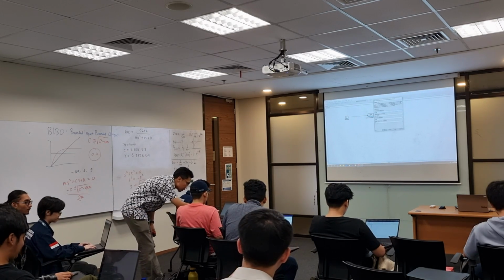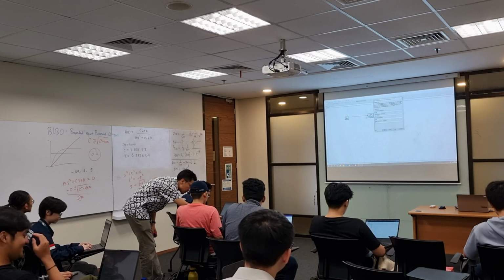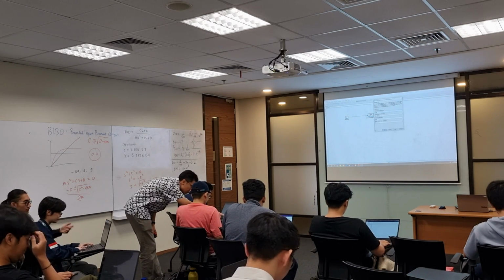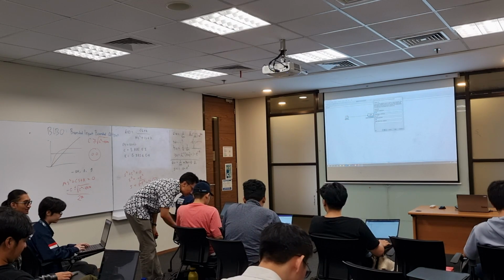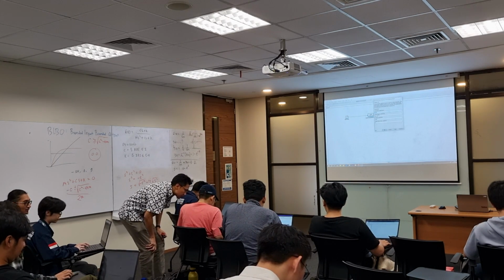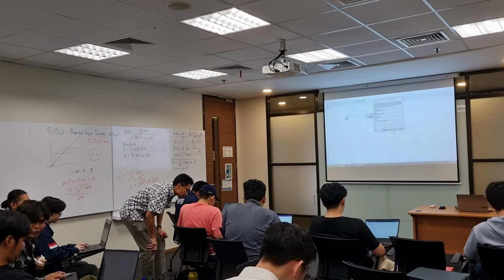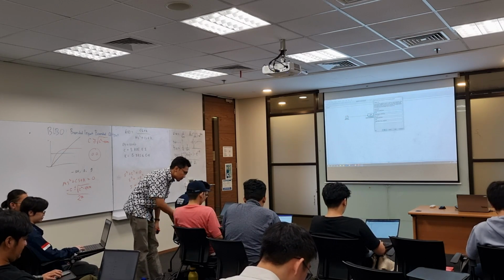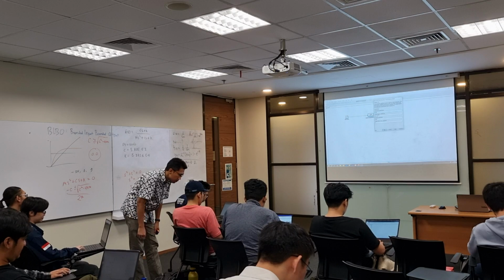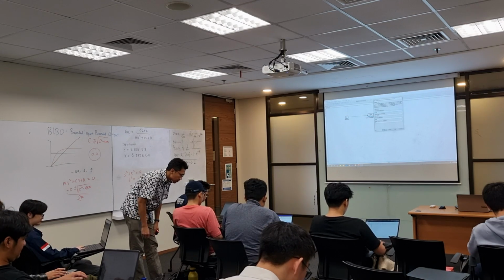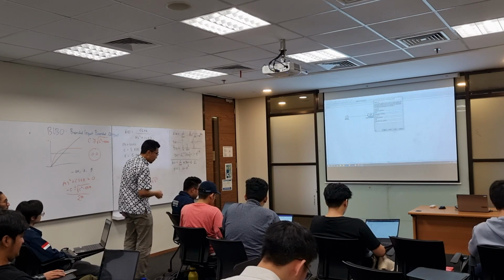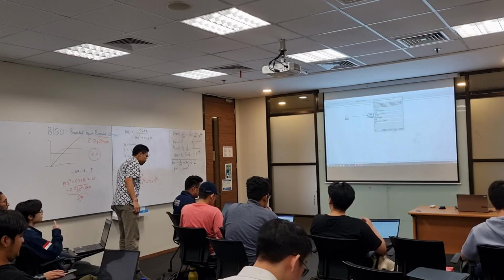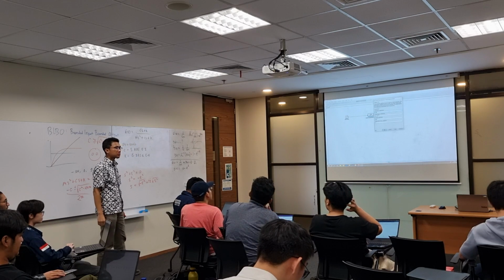Go to the library browser. Find the continuous, this one, and then find transfer function. Yeah, bring it there. Not double click. I think you have to drag and drop.